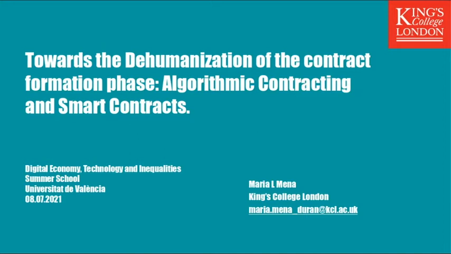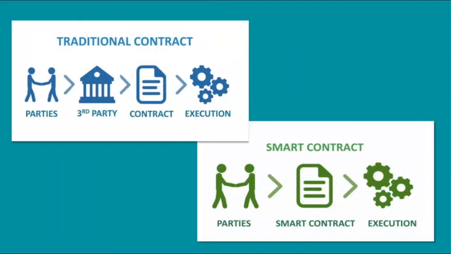He was a legal scholar, a cryptographer, and a computer scientist who envisioned that somehow the law could be embedded in computer code. So let's start from the beginning, and let me present to you smart contracts. What are smart contracts and why are they important for contract law?